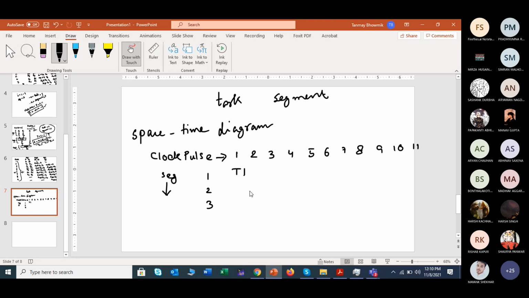Right? Next task, what will you complete? You will go to the second pulse, or second segment, and on the second segment, second pulse, you will try to complete this section. That means in the second segment, what will you do? In the second segment, you will put the values of A and B into the multiplier.